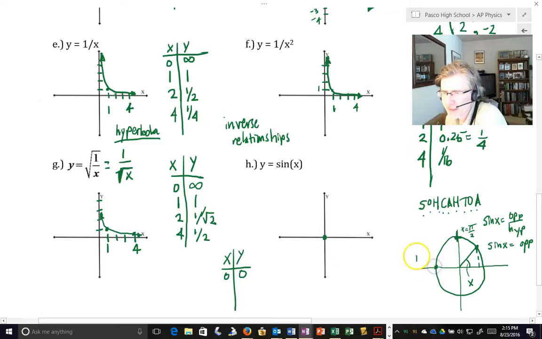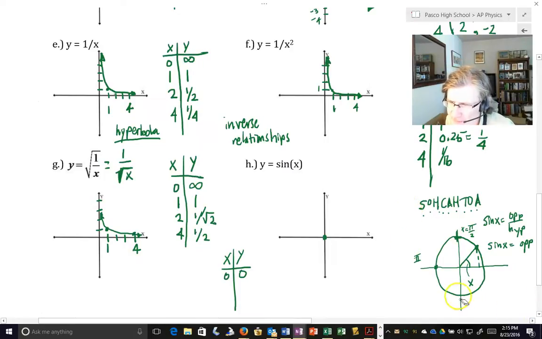This angle right here is x equals just pi radians, or 180 degrees. This angle right here is 3 pi over 2. And this angle right here is both 2 pi and also 0.